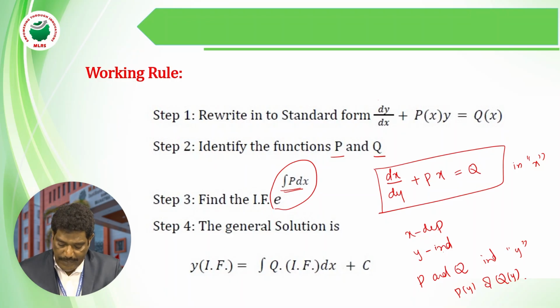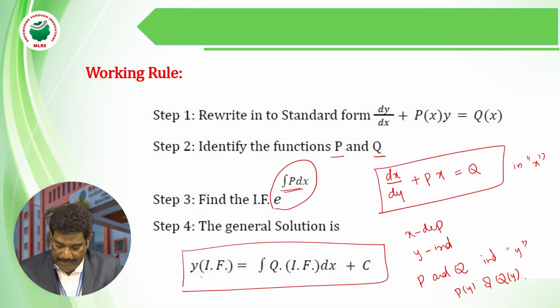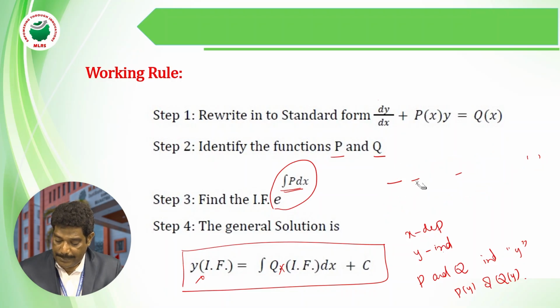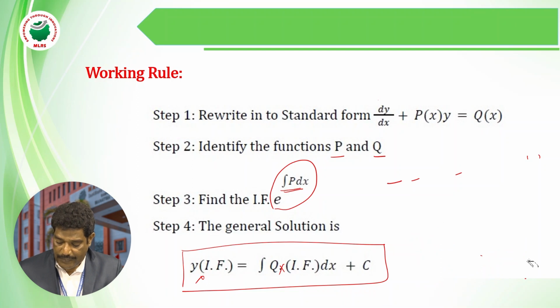After finding the integrating factor, the general solution is given by y into the integrating factor equals the integration of q into the integrating factor into dx, plus c. This is the step-by-step working rule for solving linear differential equations of first order and first degree.